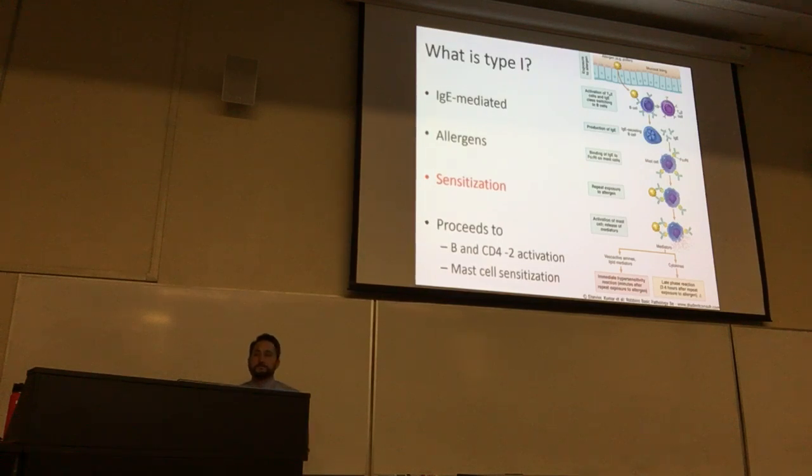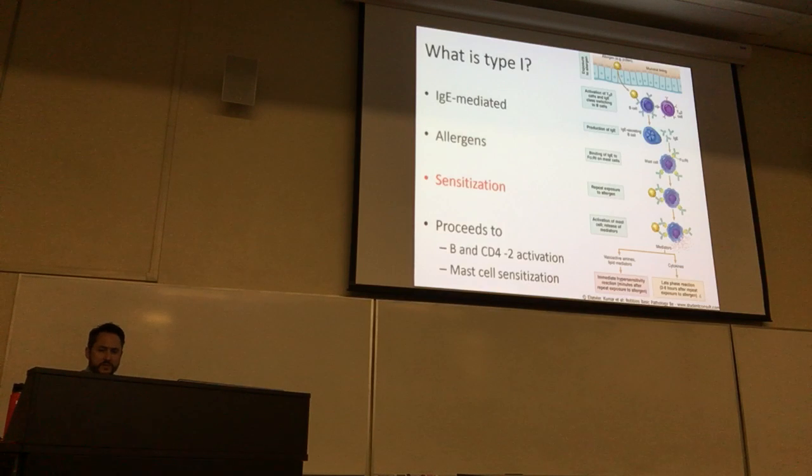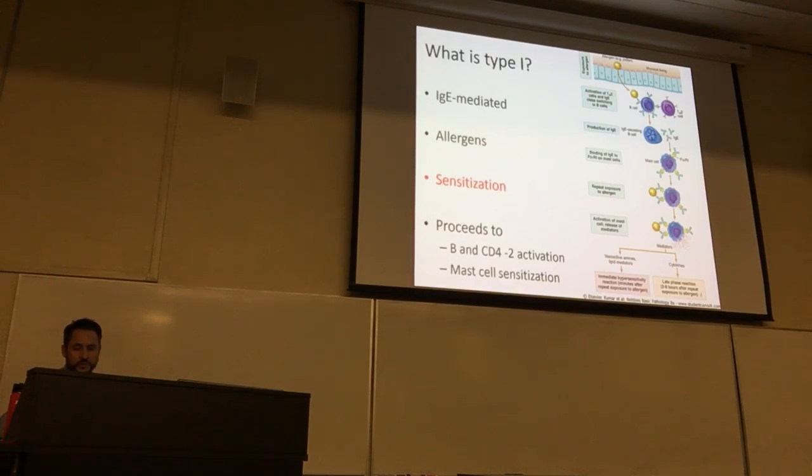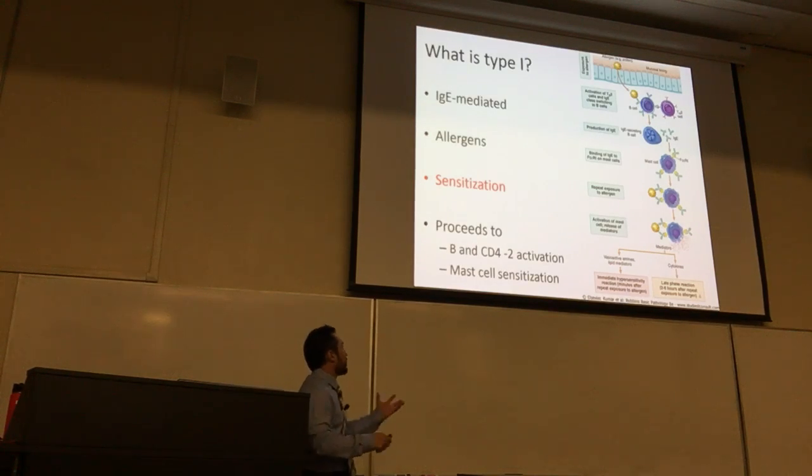So type 1. Type 1 is IgE mediated. So this is in the lowest concentration in the blood under normal circumstances. But it's the one that's produced in abundance in response to some sort of allergen or some sort of antigen that's going to stimulate this cascade of events. So what are the cascade of events that take place? Well, first, let's say, for example, we have a type of allergen, like pollen.